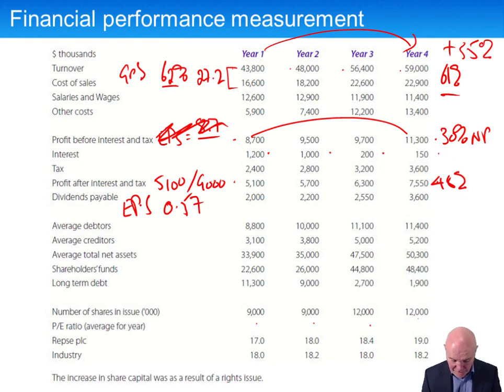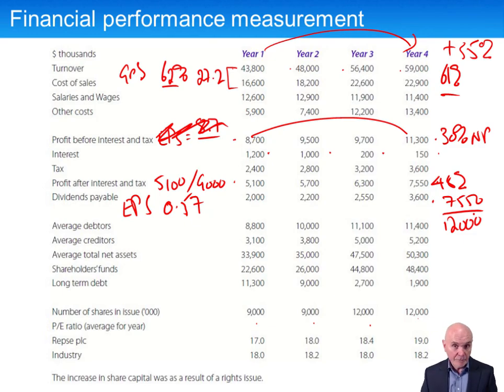What do we get in earnings per share out here? Well, earnings per share here is going to be the profit after tax, 7,550, divided by, now there are 12,000 shares in issue. And that's why it's important to look at earnings per share, not just profits growth.